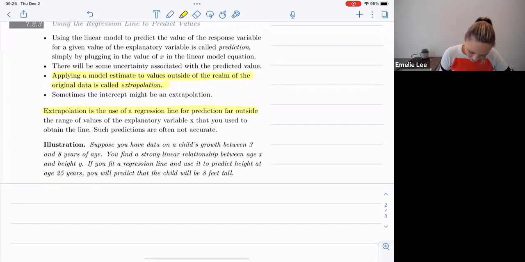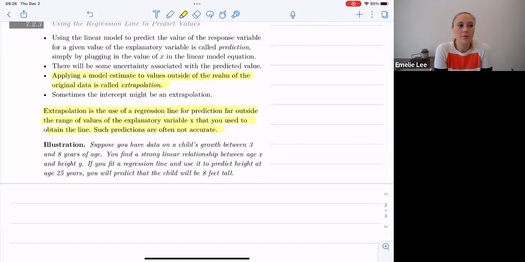The problem is that we only know the behavior within this range of x that I've built my line on. Okay, and so if we try to extend this line, the downfall of straight lines is that they do extend to negative infinity and positive infinity, right? So lines just keep going and going.